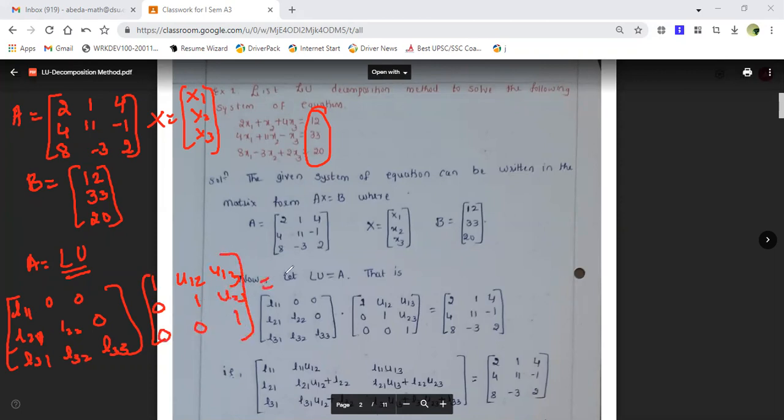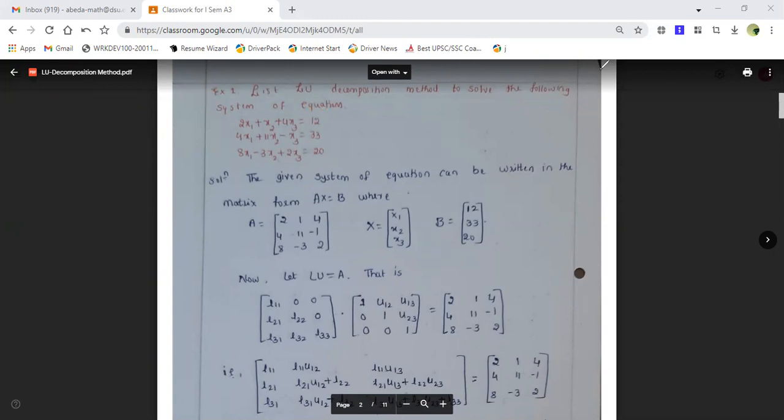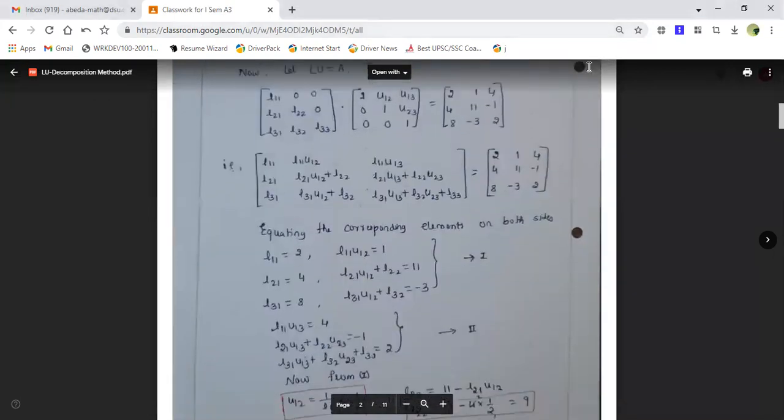So this is equal to your matrix A. By multiplying this L and U, I'm getting this particular matrix, and this is my matrix A.